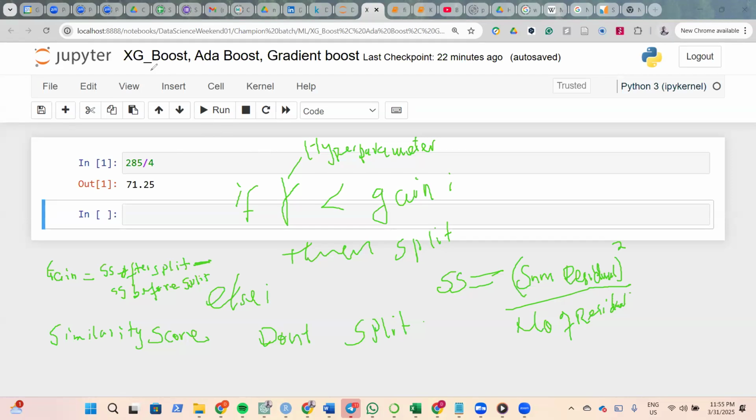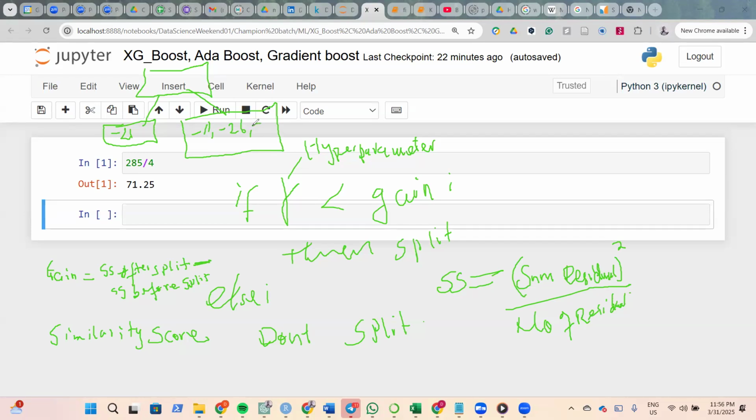If I remember our decision tree well, it was something like this. Here we had minus 21. And then here we have minus 11, minus 26, and what was the other one?